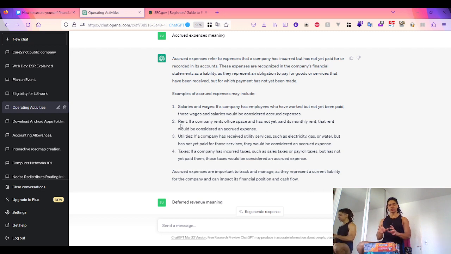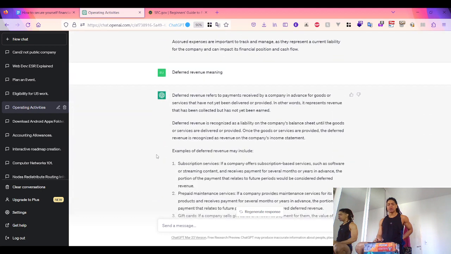Again, obligations that a company expects to pay for good or service that have been received but not yet paid for. For example, salaries and wages, rent, utilities, and taxes. So now things are starting to make much more sense when you see the difference.